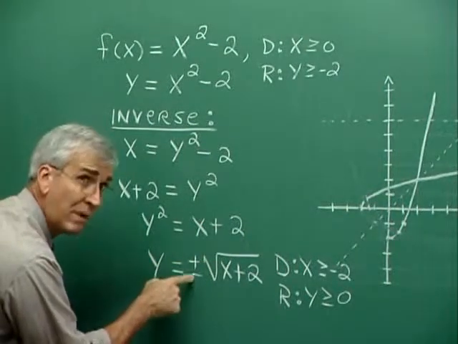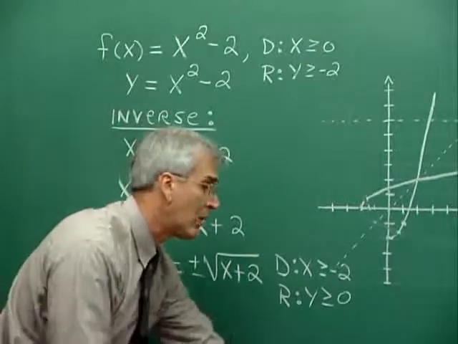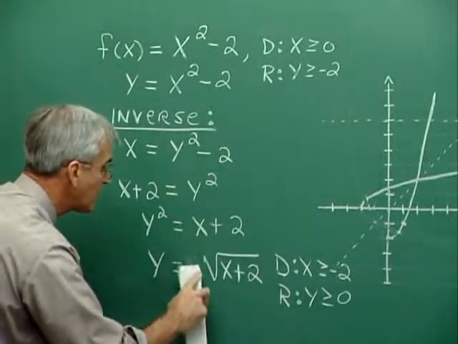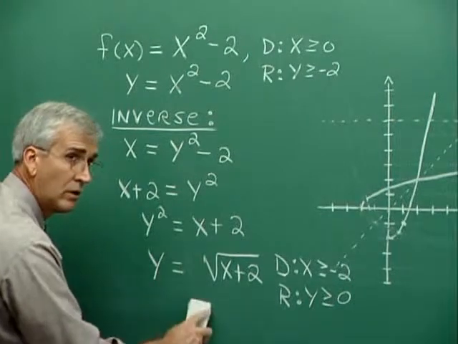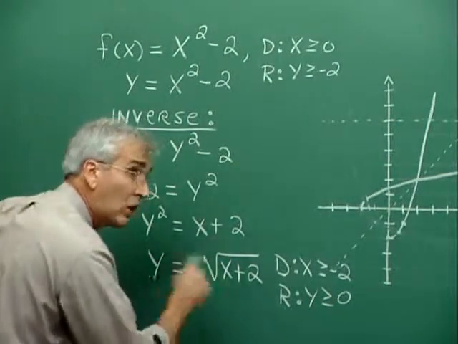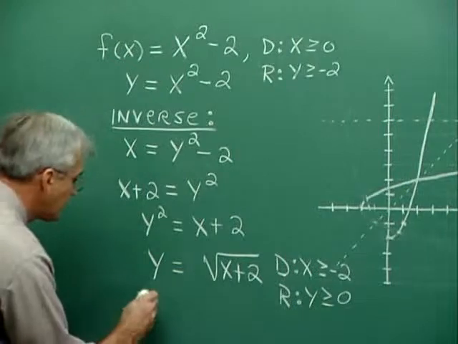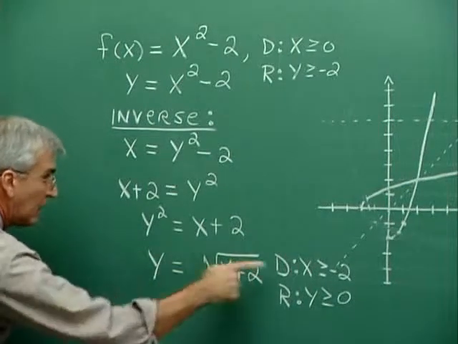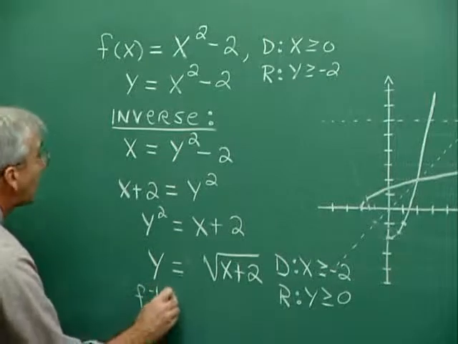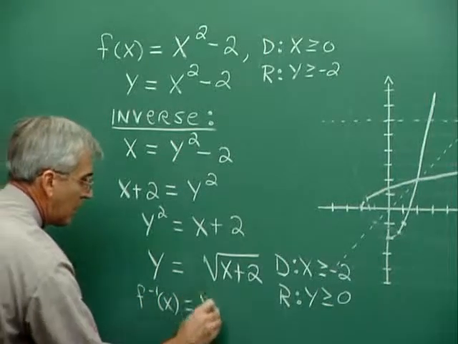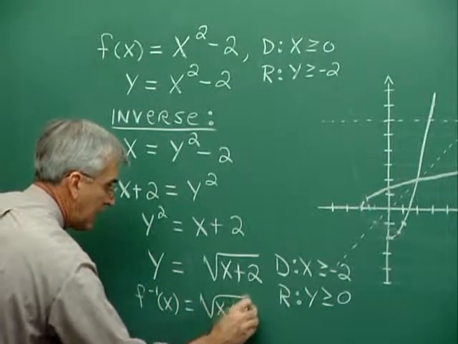We would have to take out the minus part. We would only want the principal square root. So I can just erase this, and now I have y values that are positive or 0. You see? So now I can call this the inverse function. That is, I can say that this expression is f inverse of x. And I can write it like this.